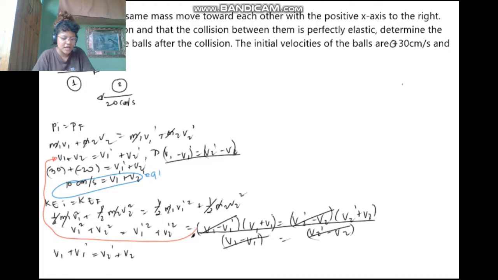And we can simply rearrange this. Once we rearrange it, we're going to get v sub 1 minus v sub 2 is equal to negative v sub 1 prime plus v sub 2 prime.